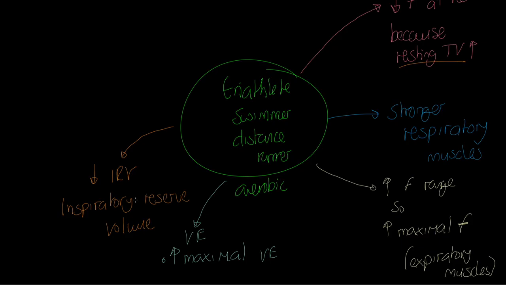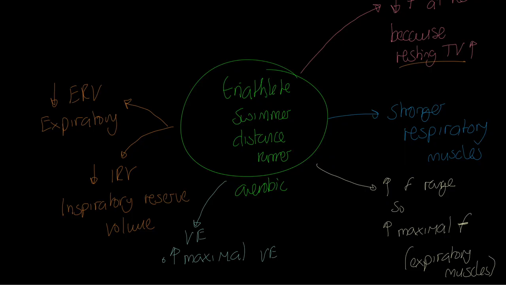Now meanwhile, exactly the same could be said about the expiratory reserve volume, which also decreases. The amount of air that we can breathe out if we really push becomes greater. We use it up because we've got that more powerful expiratory muscle. As a result of all this, again, our maximum minute ventilation is greater.